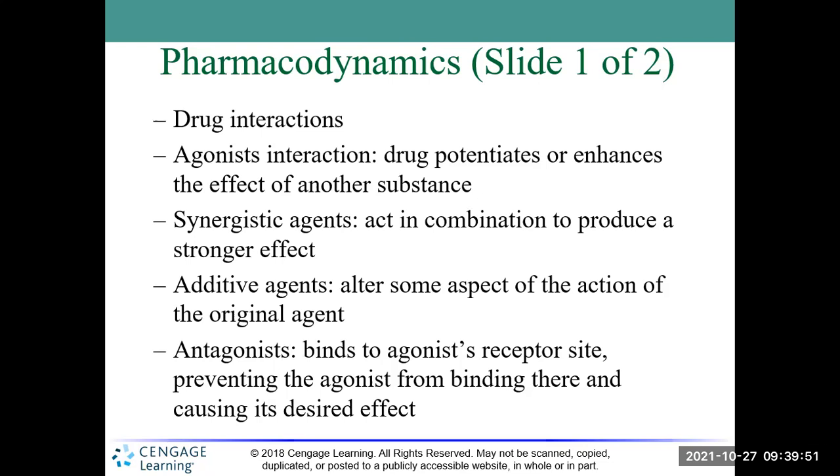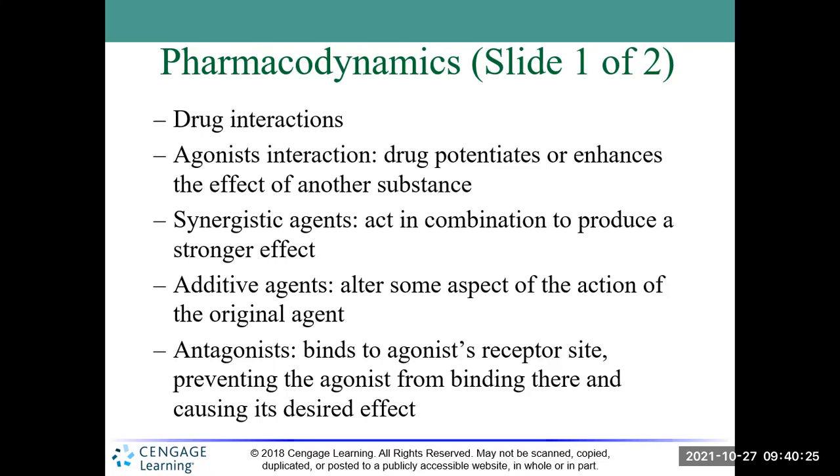And then we also have to take into effect the pharmacodynamics, and this includes things like drug interactions. And this is a really important topic because there's a lot of drug interactions where the drugs interact with each other in different ways. So agonist interaction, this is when two drugs are prescribed together because they either potentiate or enhance the effect of another substance. And so many times you'll see drugs given in combination for that purpose.